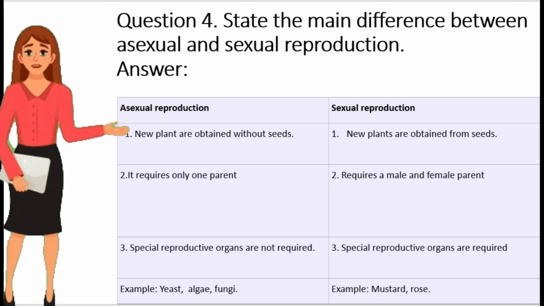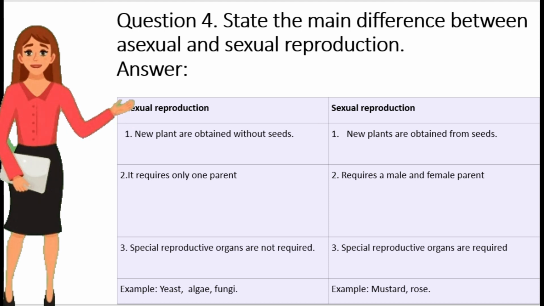Asexual reproduction requires only one parent, whereas sexual reproduction requires a male and female parent.